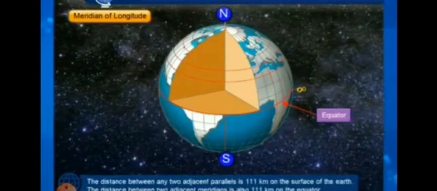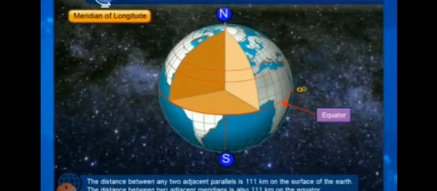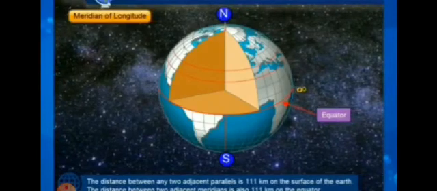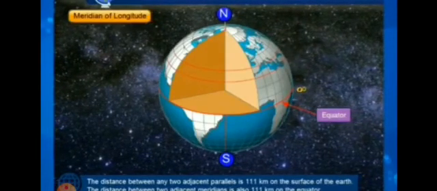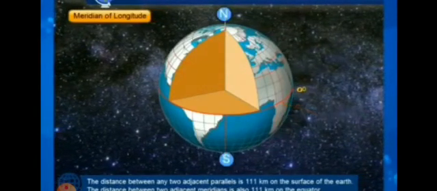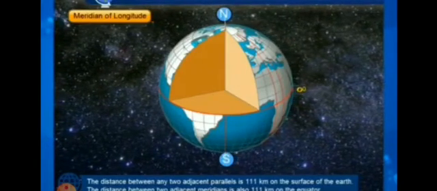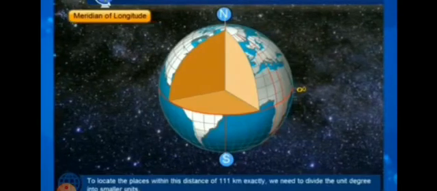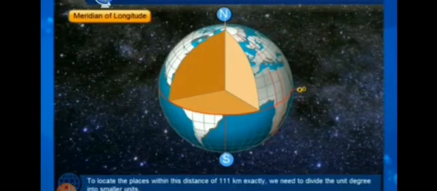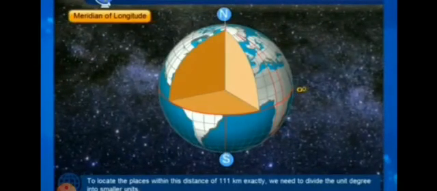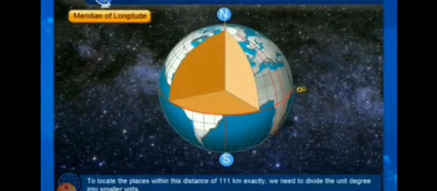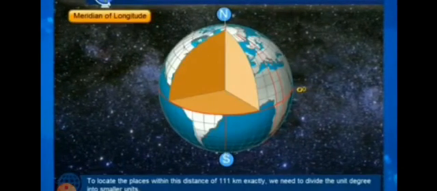The distance between any two adjacent parallels is 111 km on the surface of the earth. The distance between two adjacent meridians is also 111 km on the equator. To locate the places within this distance of 111 km exactly, we need to divide the unit degree into smaller units.